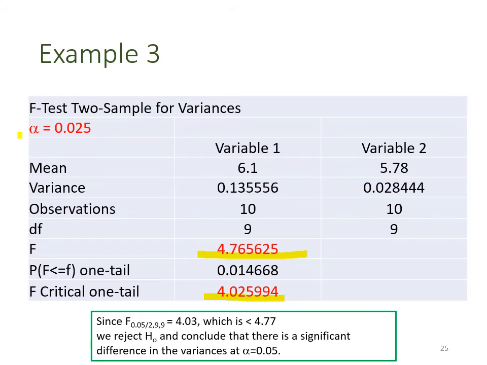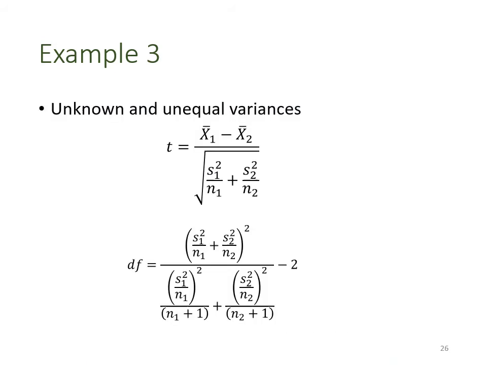Just be careful: if you use Excel, you need to set your alpha as 0.05 divided by 2. If you want a 95% confidence interval, 0.05 divided by 2 is what you'll set the alpha value to in Excel.